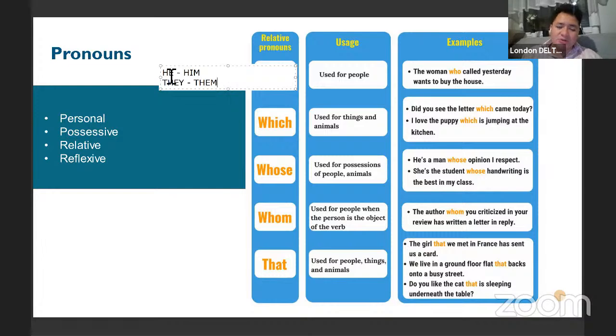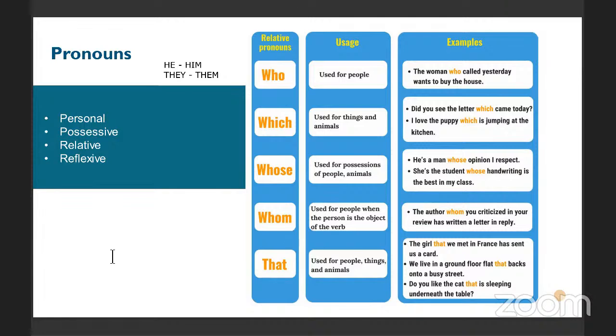But what is the difference between he and him? Or they and them? Or she and her? Or when do you use he? When do you use him? When we talk about him.